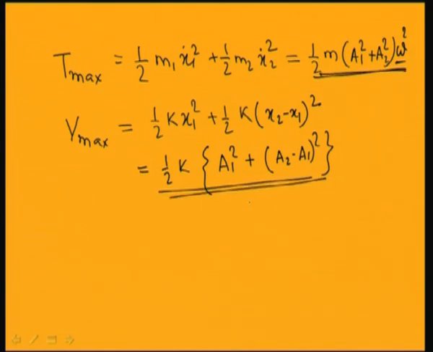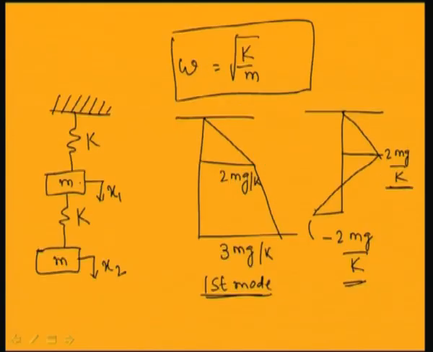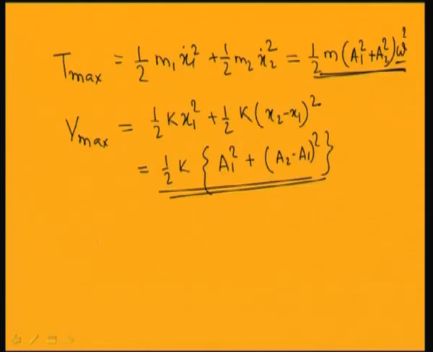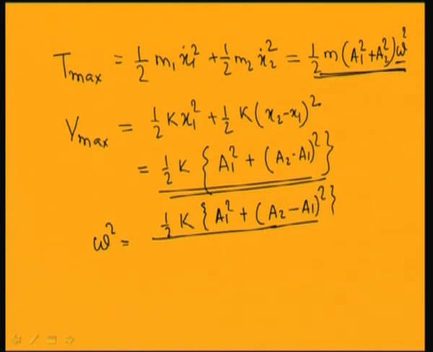Here I am assuming a1 equal to 2 mg by k and a2 equal to 3 mg by k for the first mode, and for the second mode a1 equal to 2 mg by k and for the second mass minus 2 mg by k. So I can write the expression for omega square as half k times a1 square plus a2 minus a1 square, divided by half m times a1 square plus a2 square.